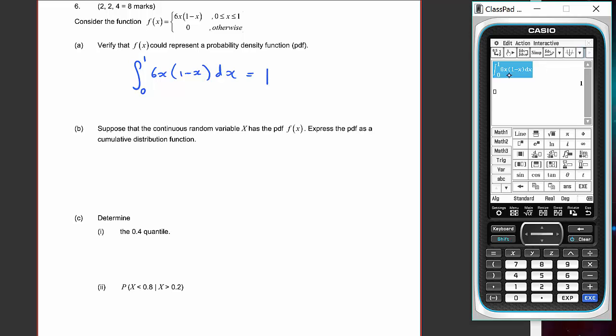Well, what I'm going to do is I'm actually just going to copy this and then just paste it here, and let's just get rid of the limits.